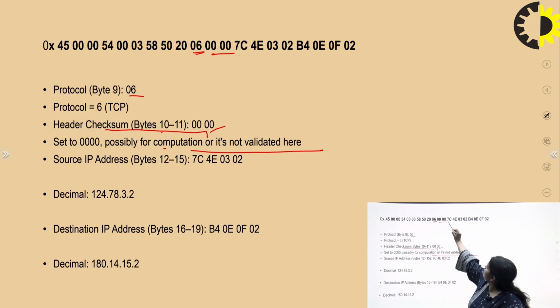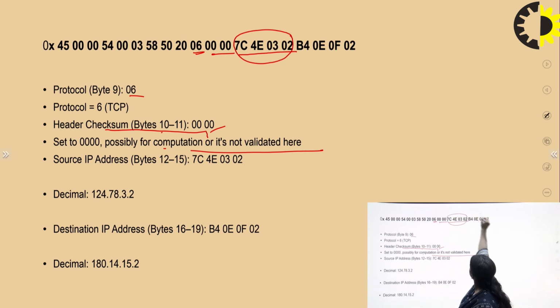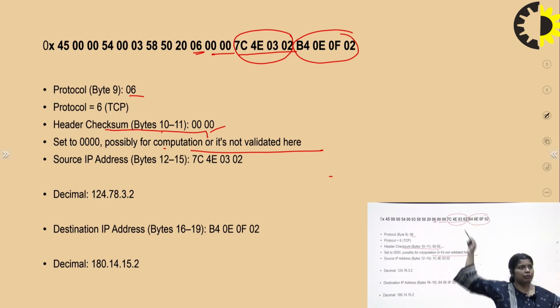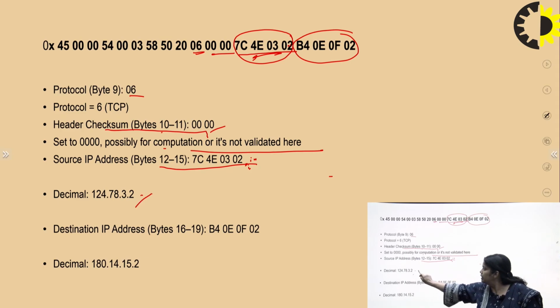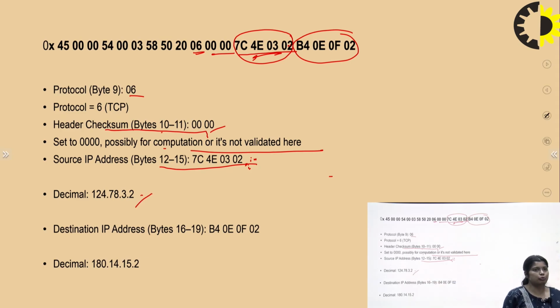And next is the 32-bit source address. So this is your source address, and next is your destination address, because it is 32-bit. You are using 8 hex values, right? So source IP address is this, but this is not your answer. You have to convert this hexadecimal address into decimal, then this will be your answer as the source address.